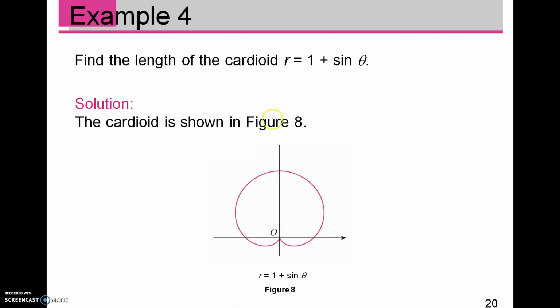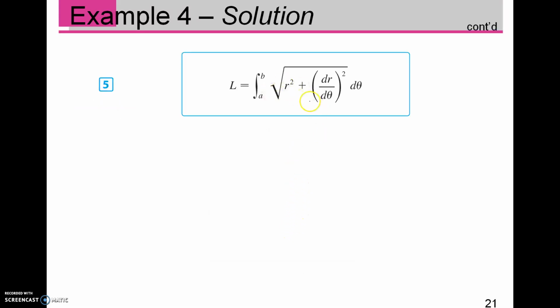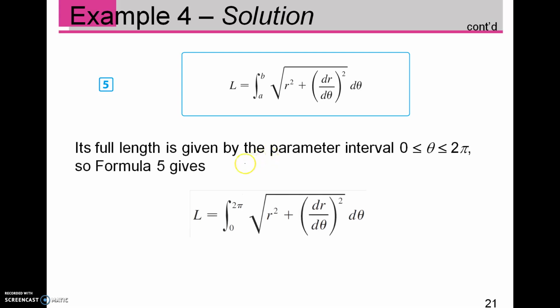We've got this cardioid. I forget exactly what that looks like, but anyway. So what we're going to do is find the length of this. Right. So we're using our equation. We're taking it all the way from 0 to 2 pi.